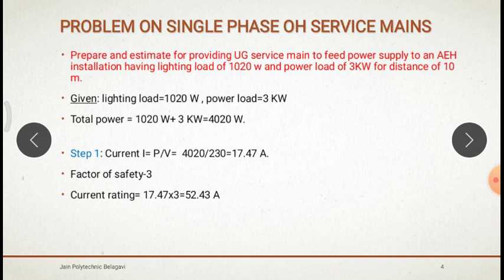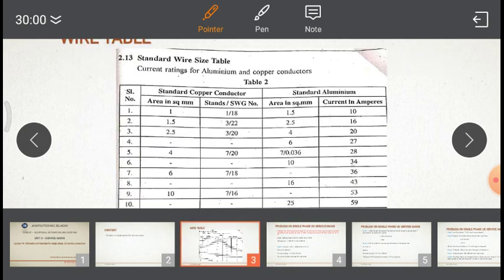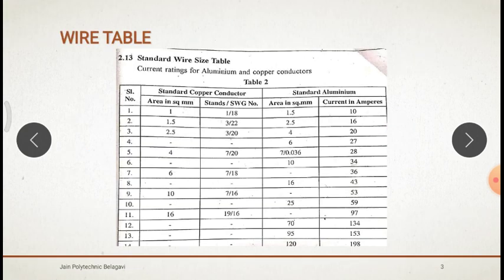Just see in the wire table, for 52.43 amps how much cable is required. See here, our current is 52.43 amps. So you just check here, for 53, aluminum square mm is not there, copper is there, but aluminum is not, but you can take a near value.